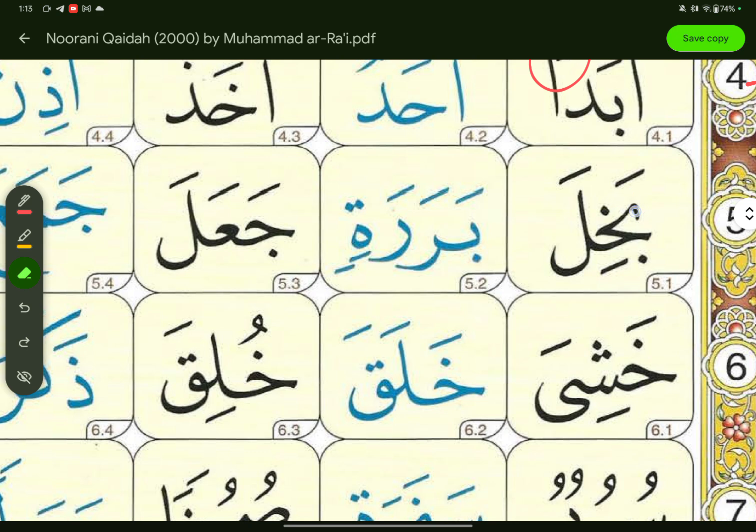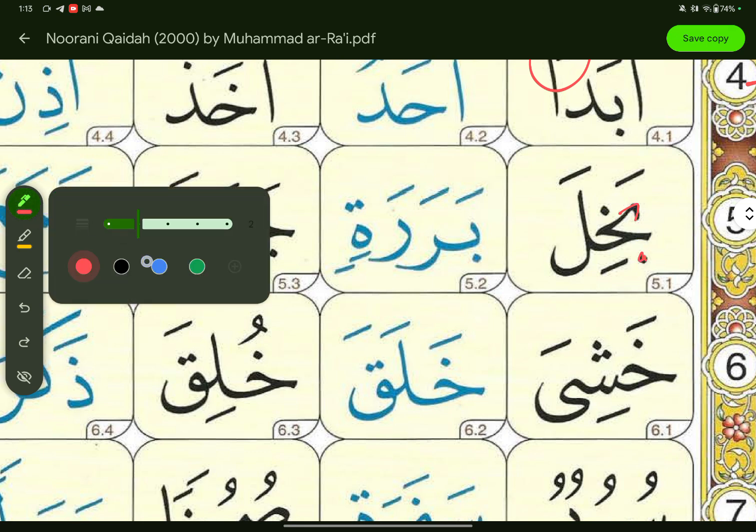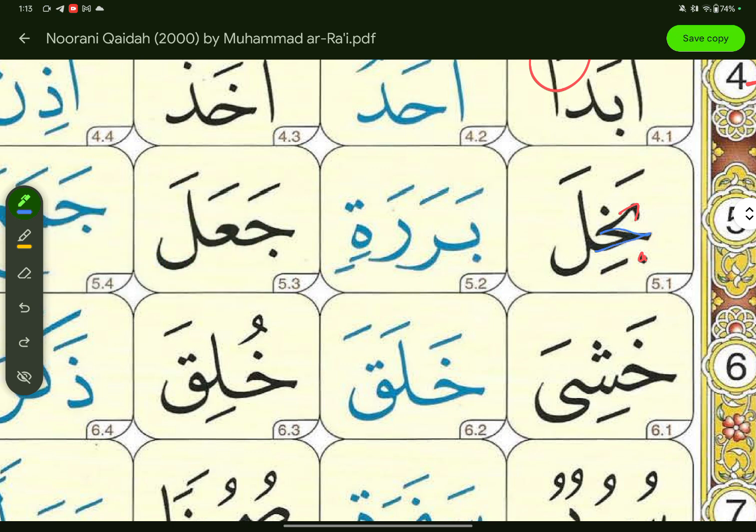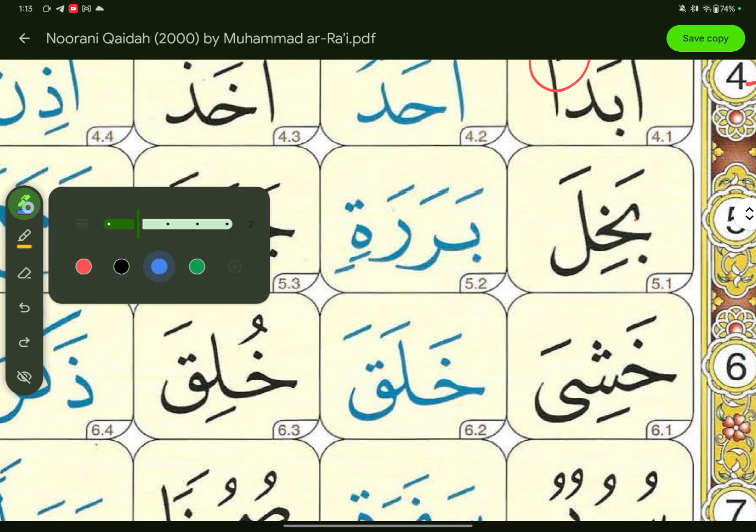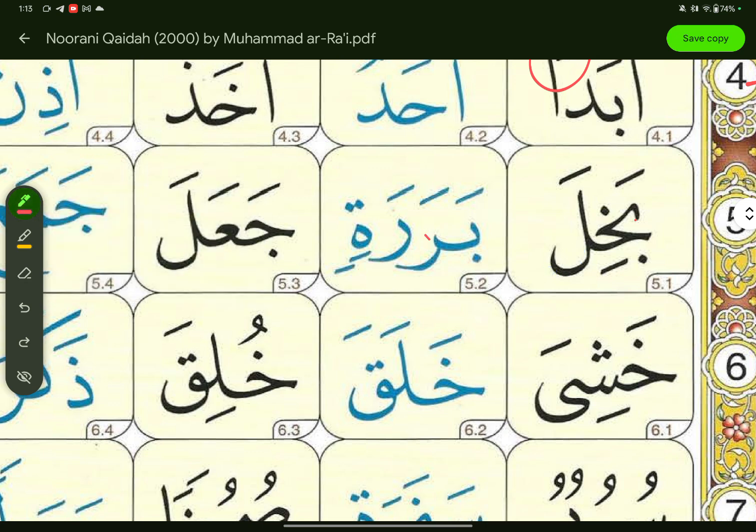But just pay attention to this stroke right here, where the ba is related to, and this right here is where the kha is related to. All right. So it's ba, and the other one here is kha, and lam, la. Bakhila. All right. Is everybody getting it so far? Is everything clear so far?